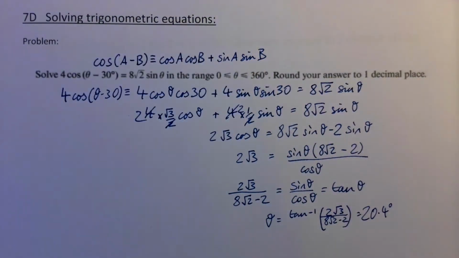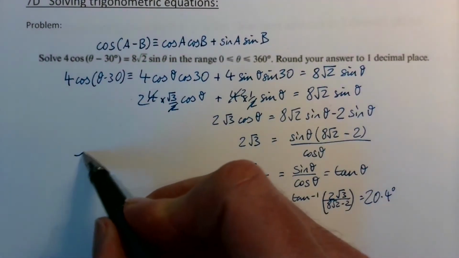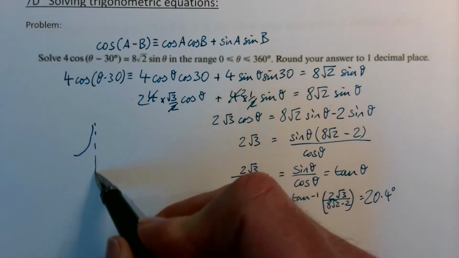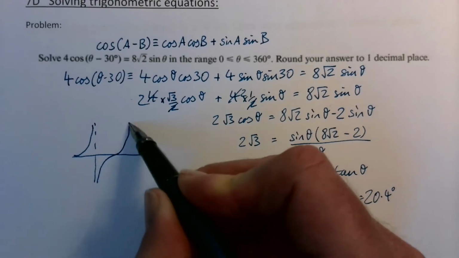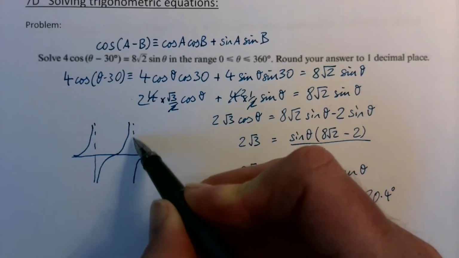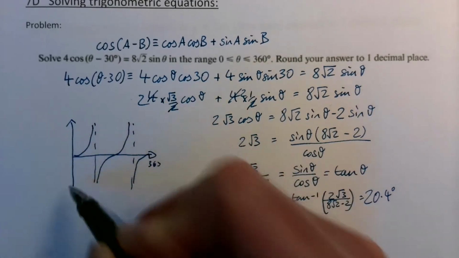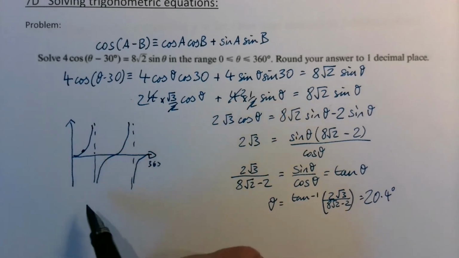But we need all the values between 0 and 360, so we'd better have a quick look at the tan curve. And 360 comes in there, doesn't it? 20.4, so that's 90 degrees at the asymptote, isn't it?